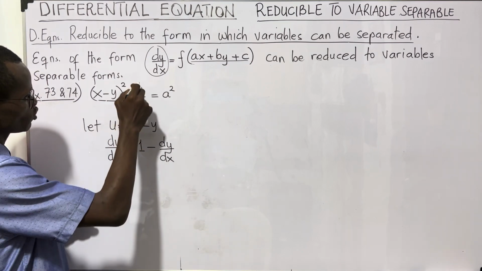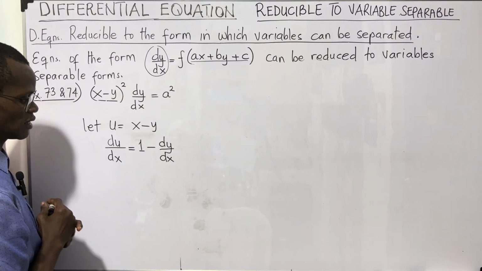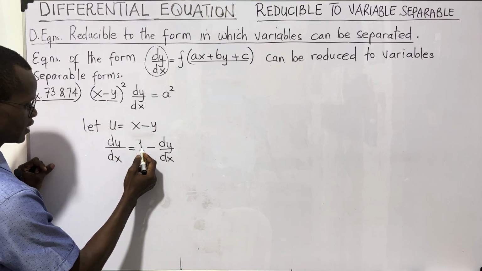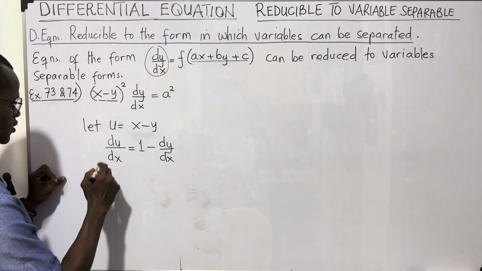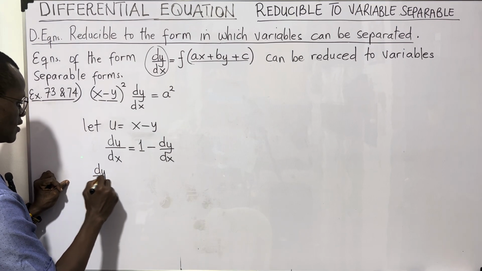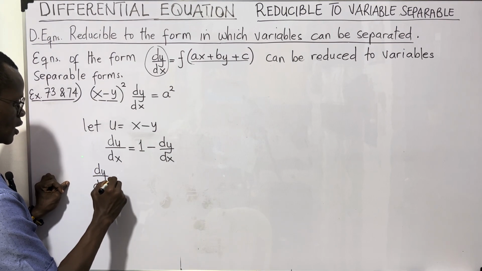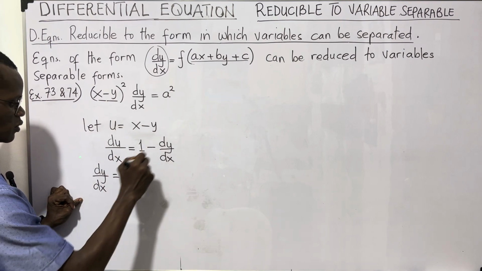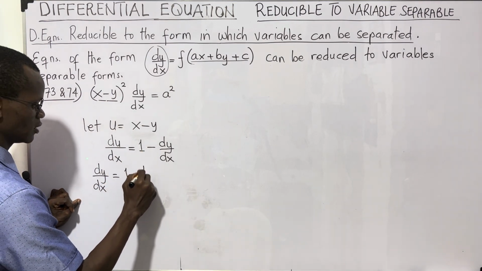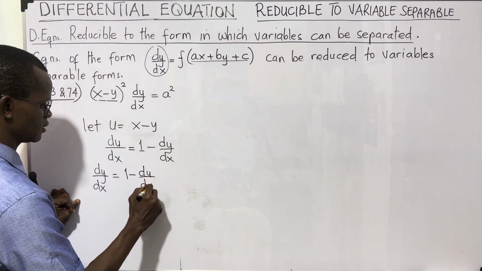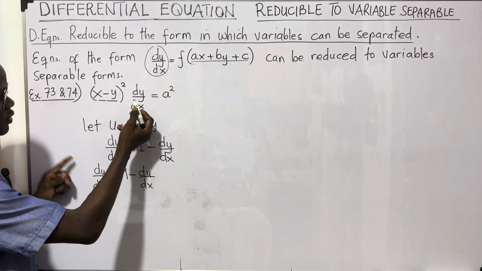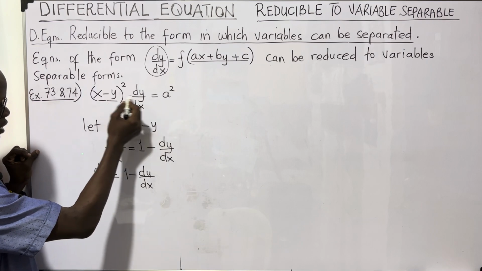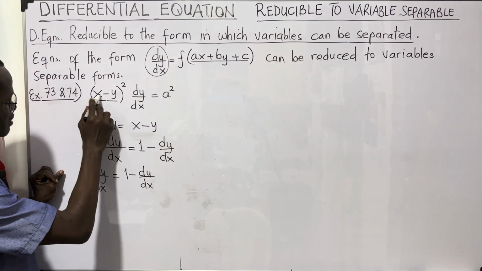The next thing is to solve for dy by dx. Because it is negative, we send it across, so dy by dx equals 1 minus du by dx. Now we've gotten the value for dy by dx, and we replace it within the expression.